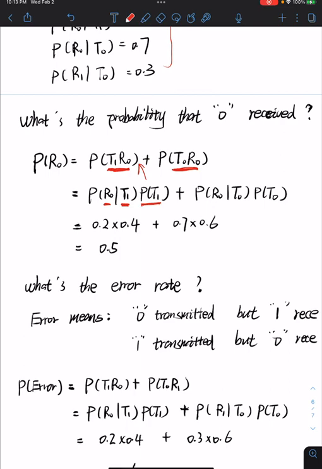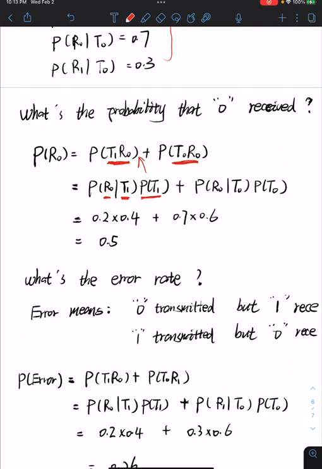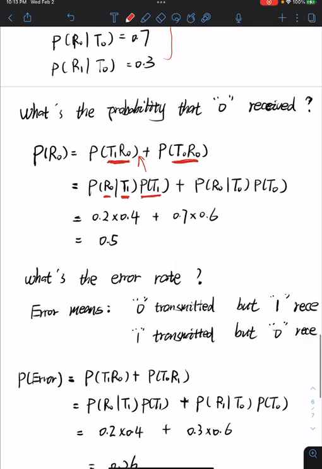And then, similar to the first part, the conditional probability of 0 received assuming 0 transmitted, times the probability that 0 is transmitted, is the probability that 0 is transmitted and 0 received.